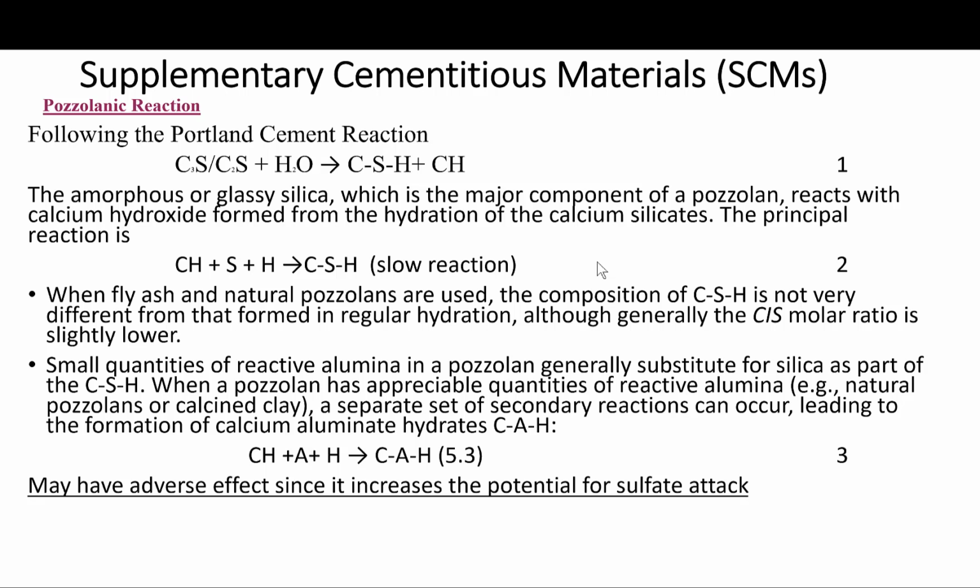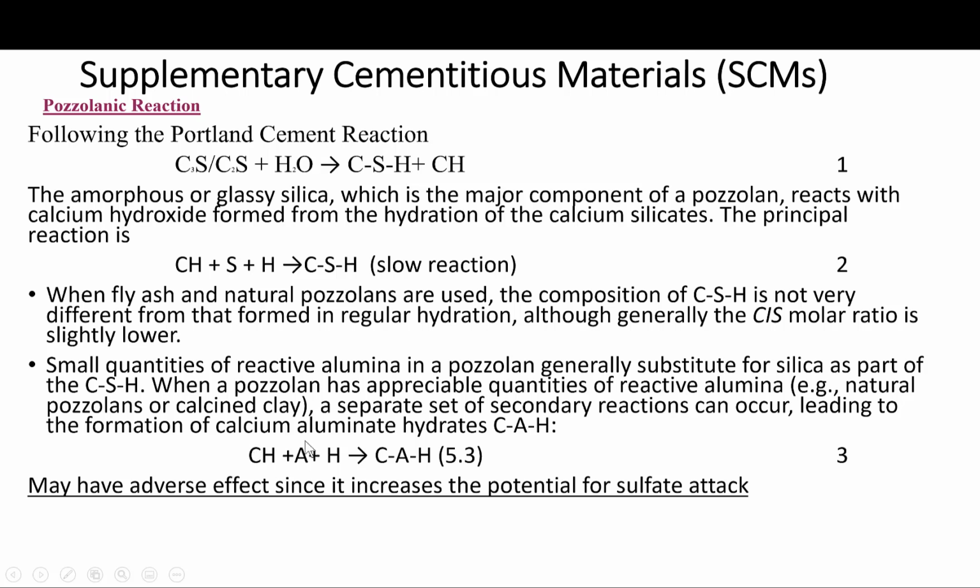Also, something to mention about the reaction of these pozzolans: small quantities of reactive alumina in a pozzolan generally substitute for silica as part of the calcium silicate hydrate. When a pozzolan has appreciable quantities of reactive alumina, for example, natural pozzolans or the calcined clay, the metakaolin, a separate set of secondary reactions can occur, leading to the formation of the calcium aluminate hydrate, as you can see here in equation number 3.